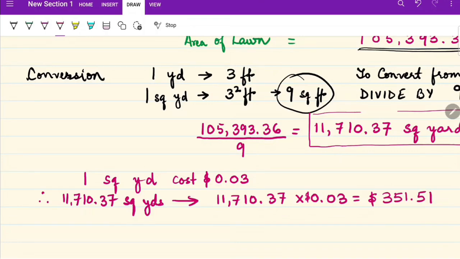All right, so that is going to be our final answer. So the cost of cutting the lawn of this size, 11,710.37 square yards, is going to be $351.51. All right.